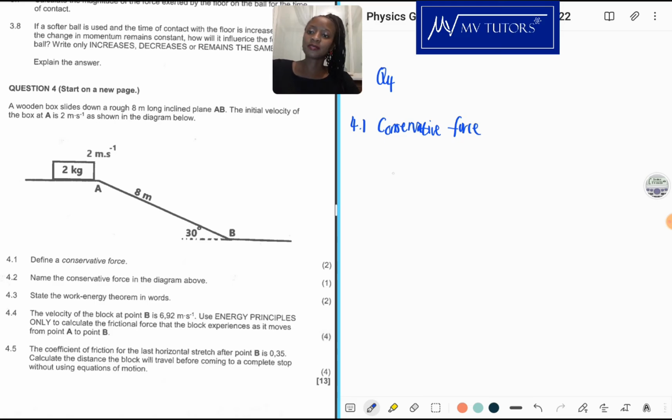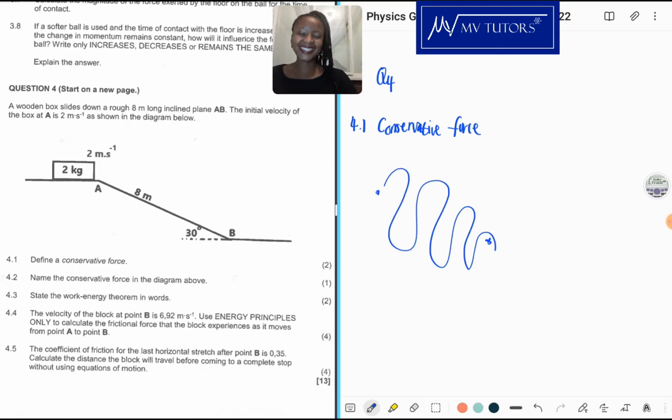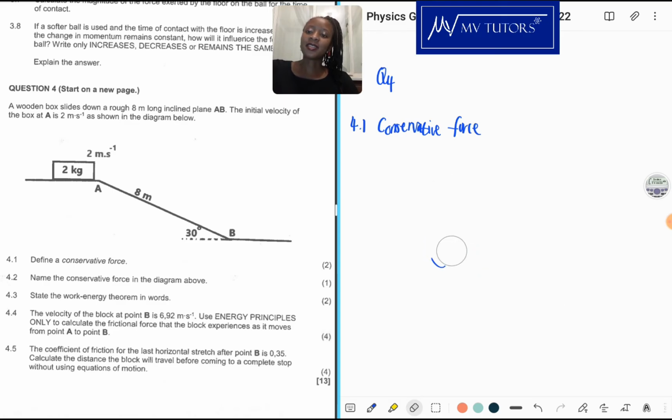If you have a starting point and an end point, and many things are happening in between, it doesn't matter because it's independent of the path taken. Examples would be the force of gravity or the force in a spring. Those are the only 2 that I can think of at the moment. So that's a conservative force.